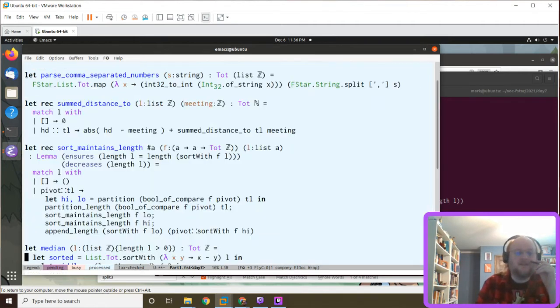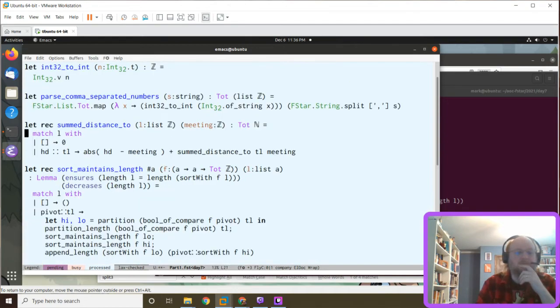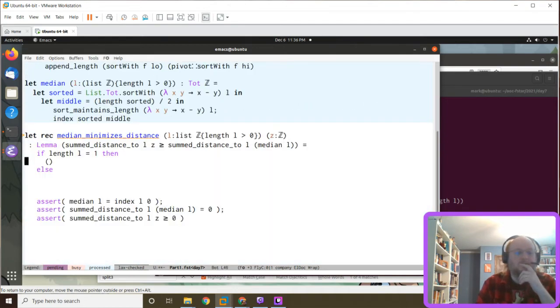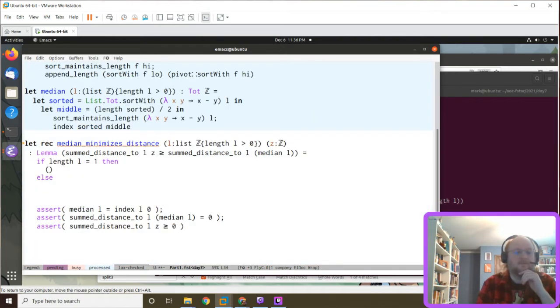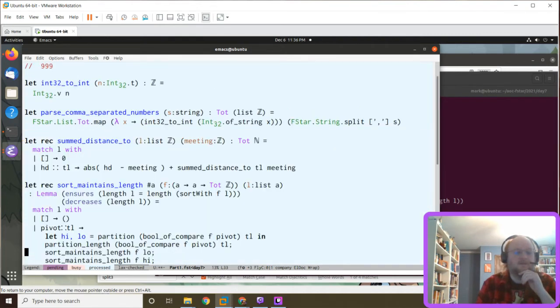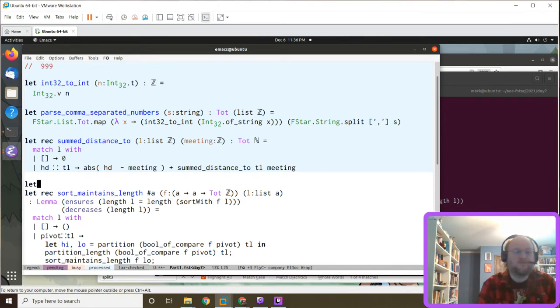All right, so let's prove a lemma about sum distance too.